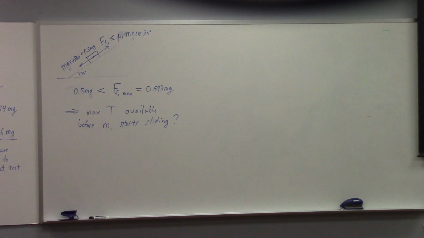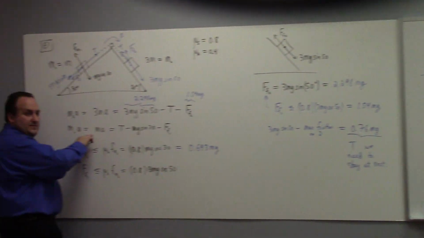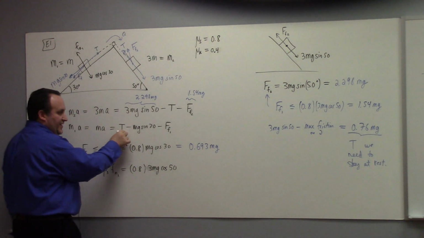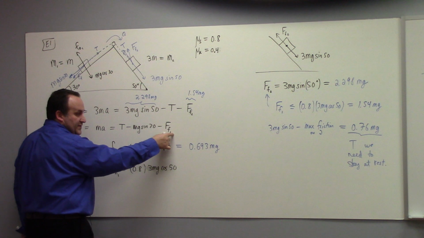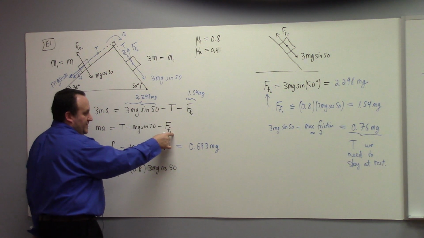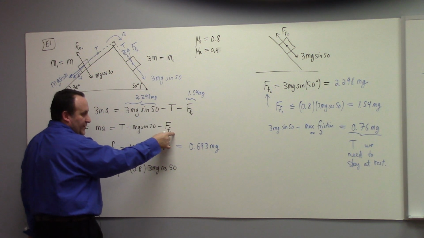Can you see it? So this is Newton's law for M1, right here, right? So for this to be 0, I have what? I've got my tension, and then I've got mg sine 30, and I've got this force of friction, right? So the biggest this force of friction can be is what?